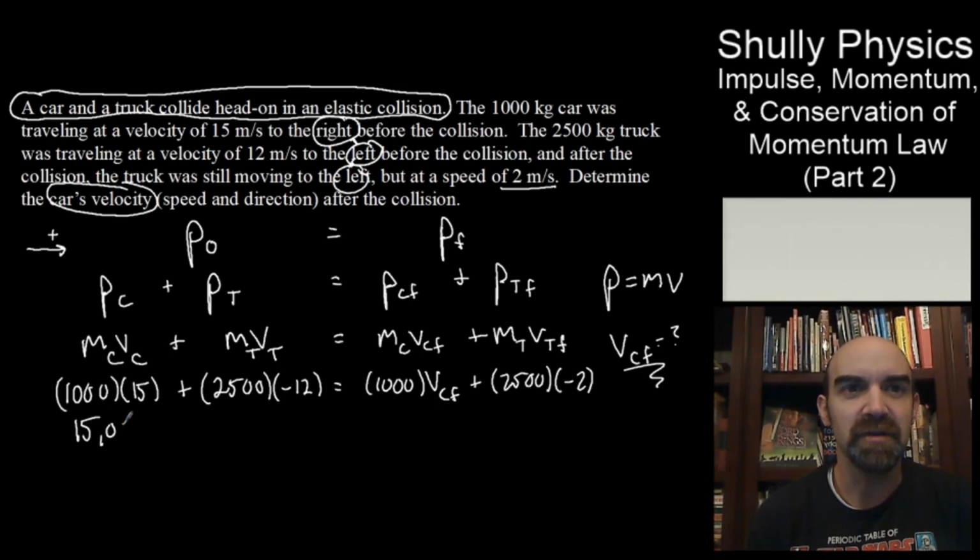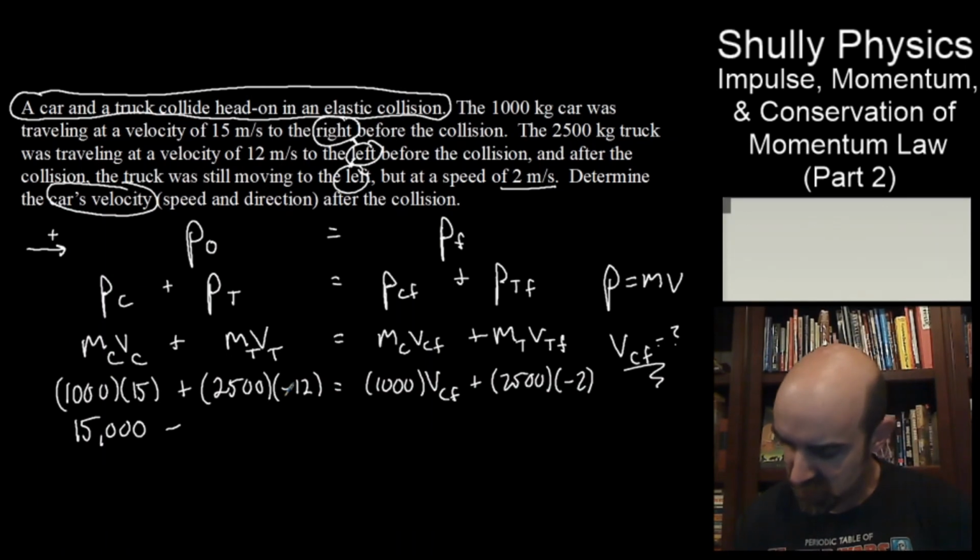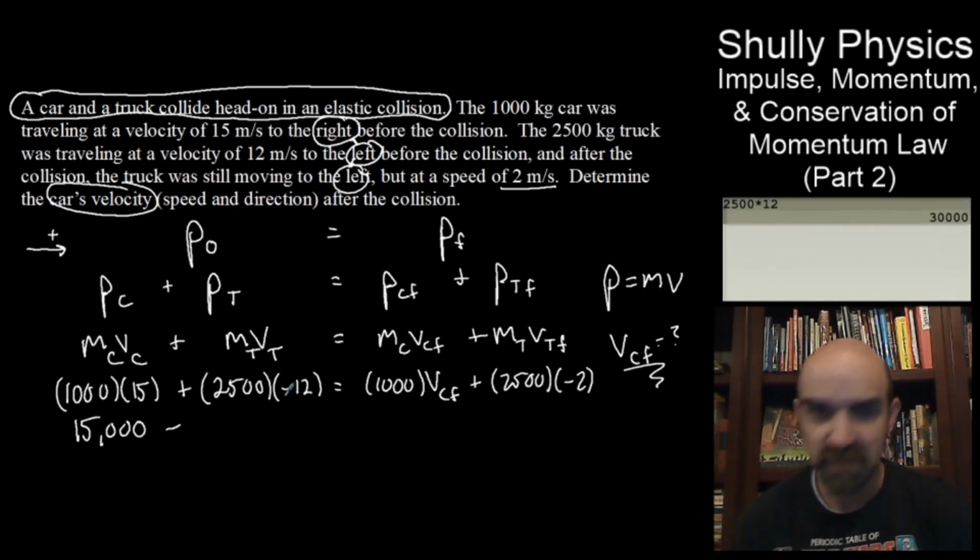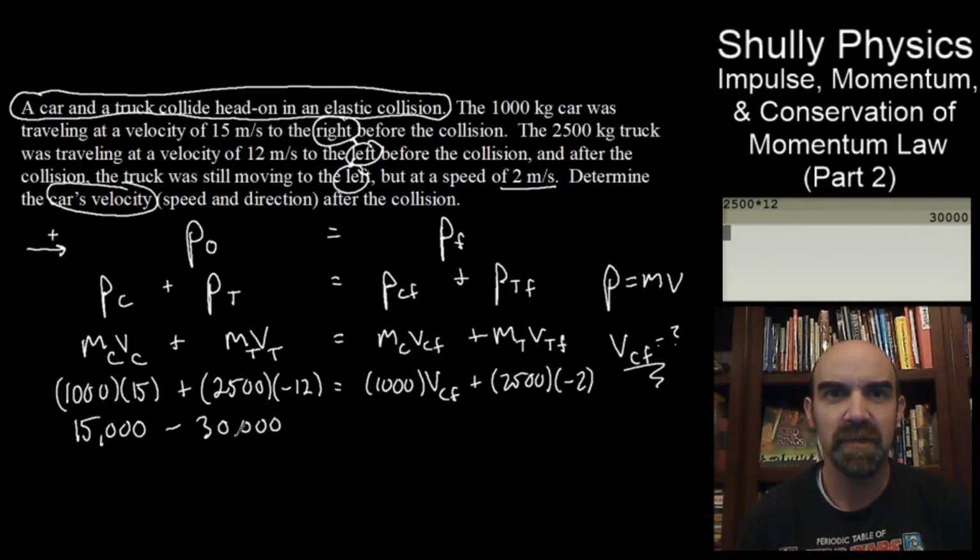Let's solve it. 15,000 plus 2,500 times negative 12. Is that 30,000? It is. I wanted to say 30,000. This equals 1,000 VCF, and then minus 5,000.